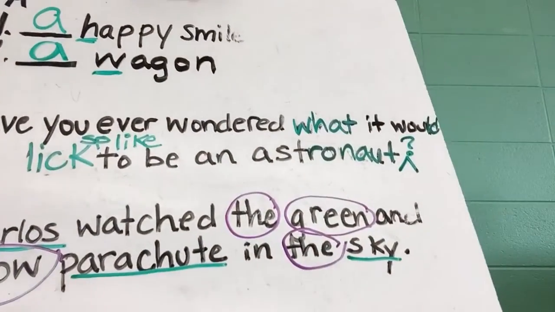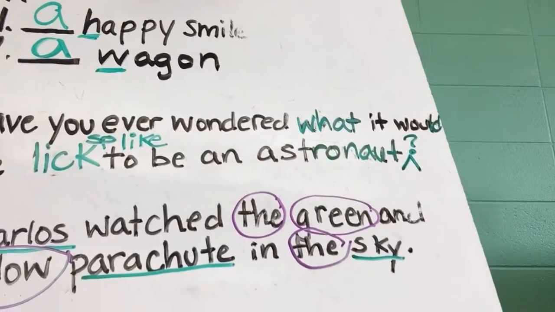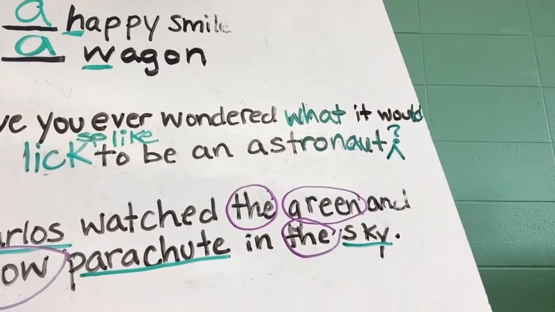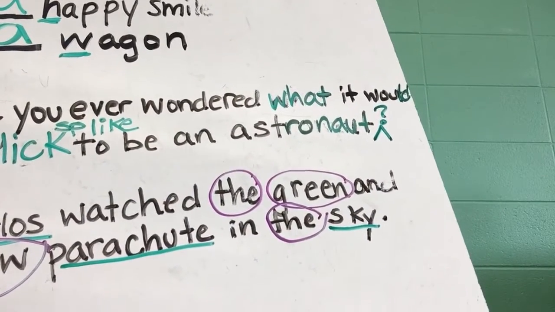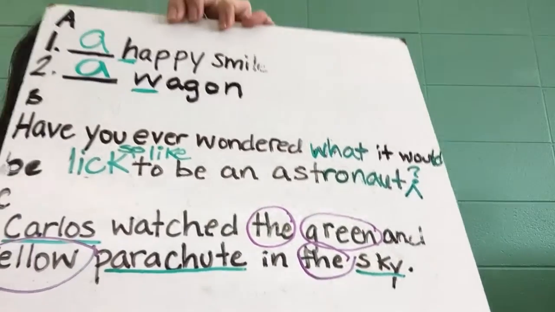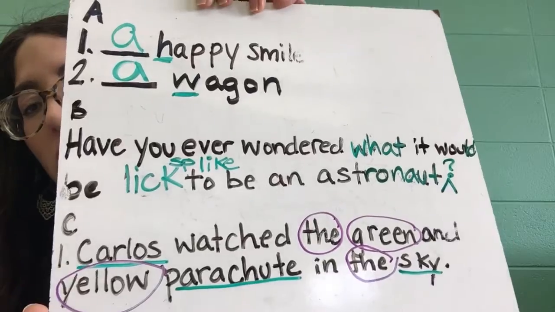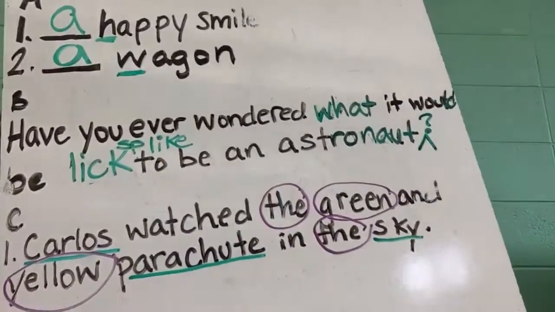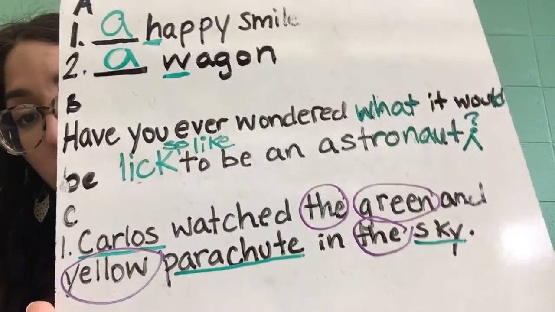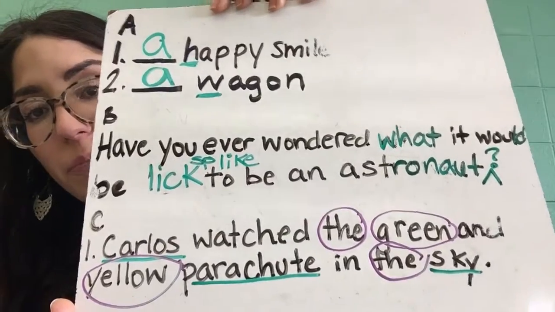Now we're going to draw an arrow from each adjective to the noun it describes, okay? Our first noun is Carlos. Do we have any adjectives that describe Carlos? No. Our next noun is parachute. Do we have adjectives that describe parachute? That's right, we have 3 of them.